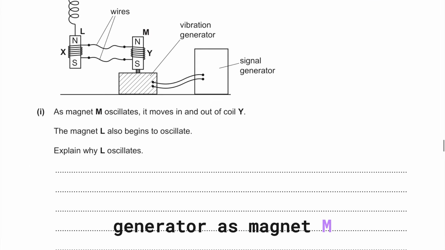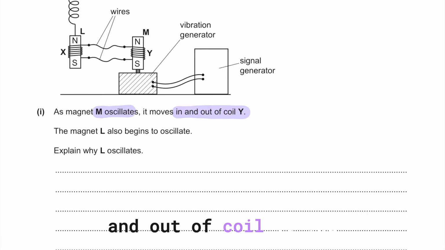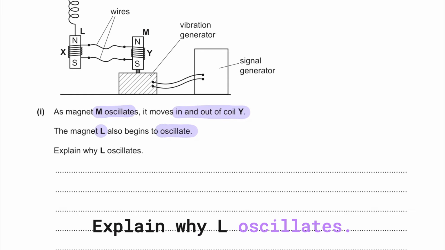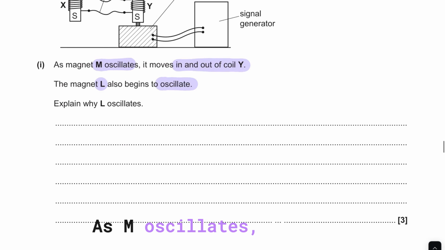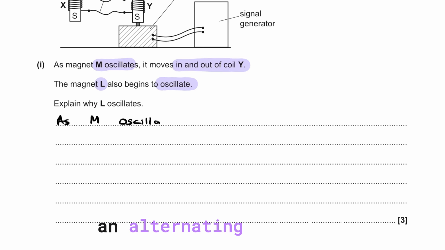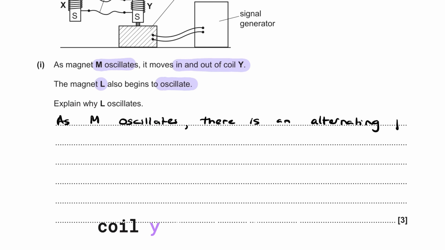As magnet M oscillates, it moves in and out of coil Y. The magnet L also begins to oscillate. Explain why L oscillates. As M oscillates, there is an alternating potential difference produced in the coil Y due to the change in magnetic flux linkage.